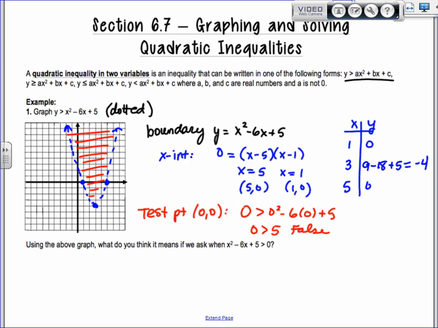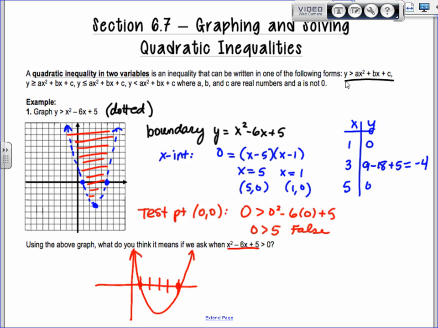Kind of weird. All right, so it says using the graph above, what do you think it means if we ask when is x squared minus 6x plus 5 greater than 0? So it's kind of confusing. This is the part of the parabola. So actually on the parabola, so if I went through 1 and 5, so if I actually graph my parabola and it's like a filled in parabola, and I said where is it greater than 0, what I'm saying is when is it above the x-axis?